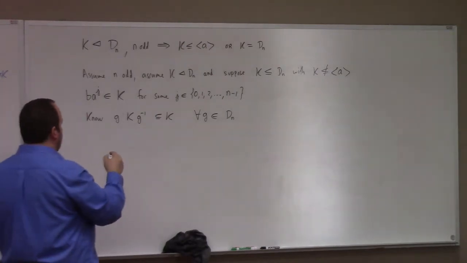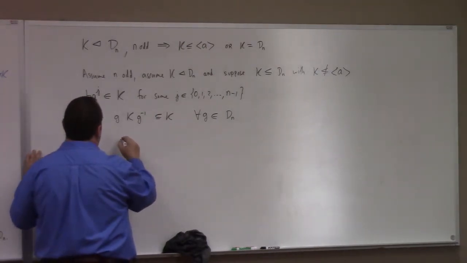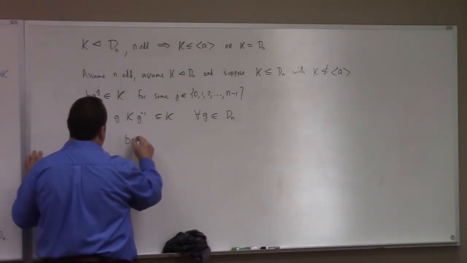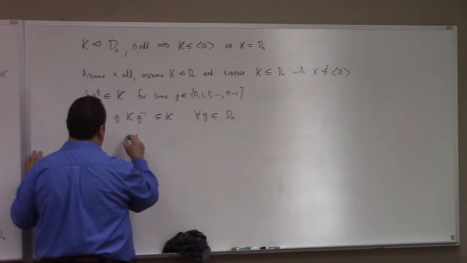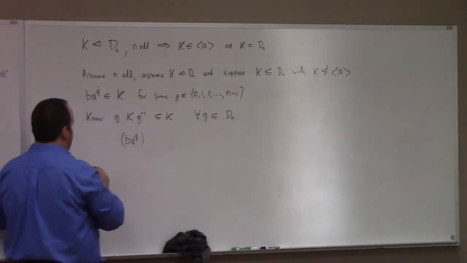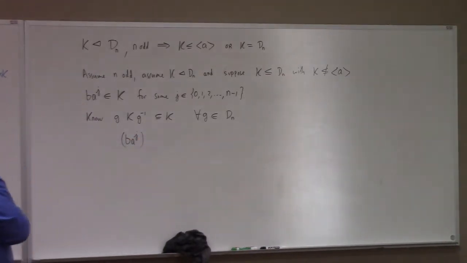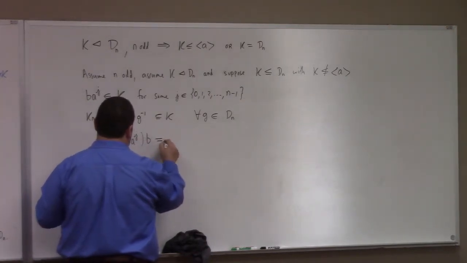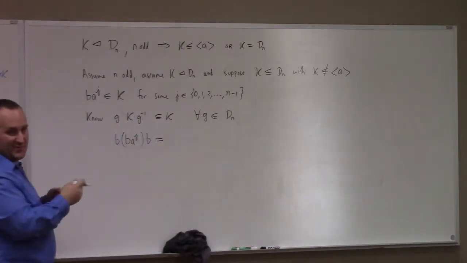So what we want to do is pick something to conjugate this B A to the J element by, to make something kind of perverse happen. What if we conjugate by B? What happens then? B inverse is B, right?